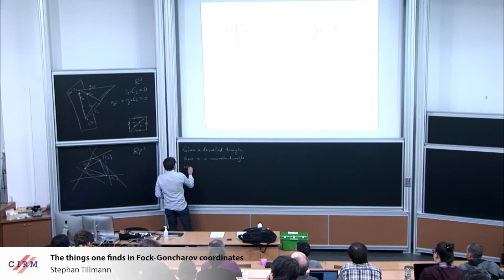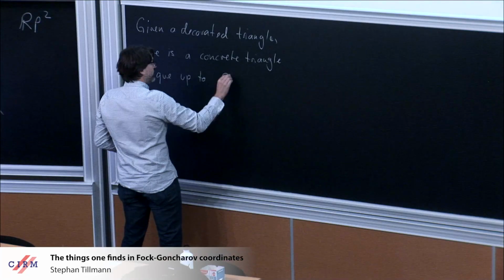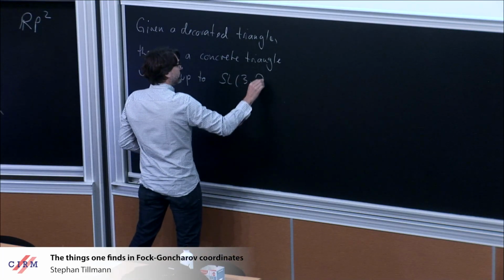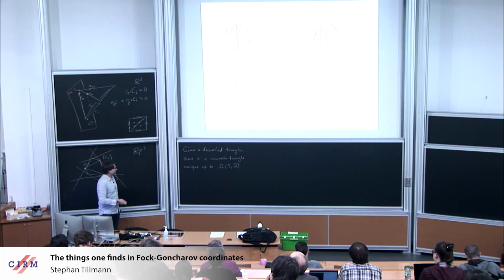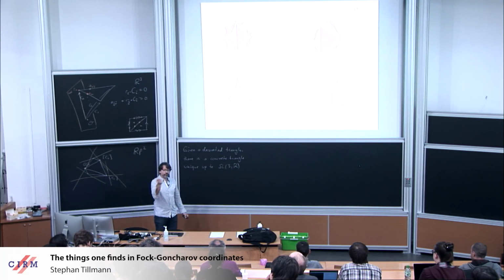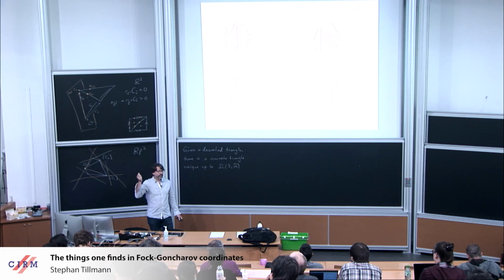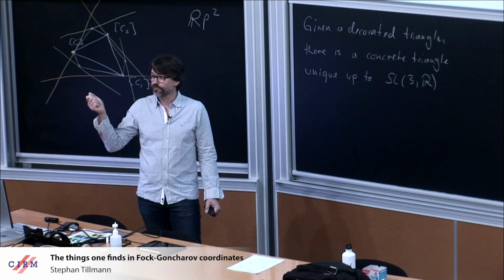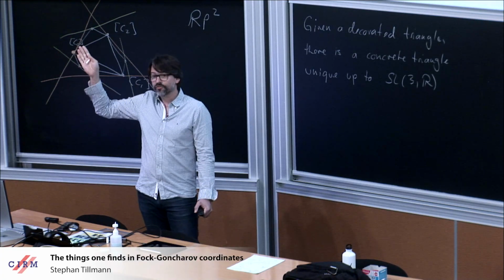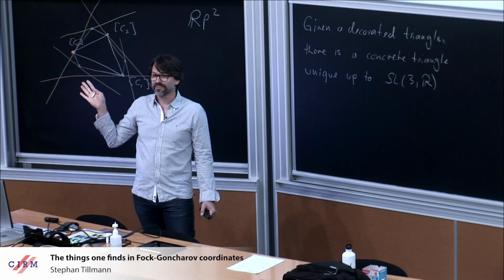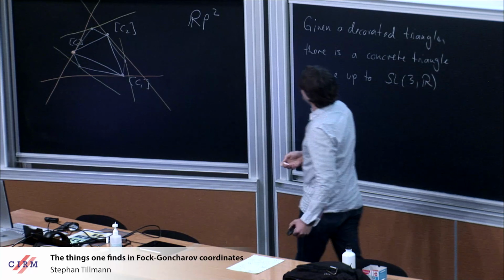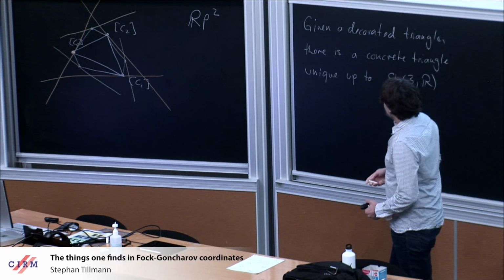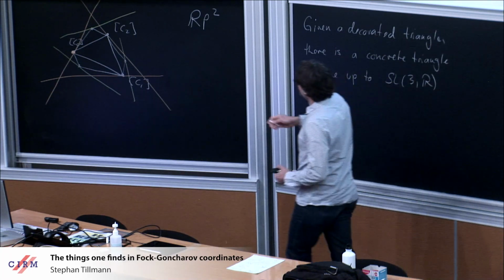And it's unique up to the action of SL3R. Okay? So once I put down my first triangle, I really have the degrees of freedom up to SL3R, and then the whole rest of the picture is uniquely determined by the decoration. So that is the nice thing that happens here.